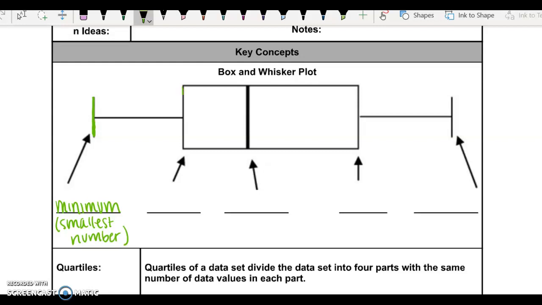Then the edge of the box that attaches our minimum to the edge of the box, this is our whisker here. So that's why they call it a whisker plot. So our smallest number is attached to what we call our first quartile.